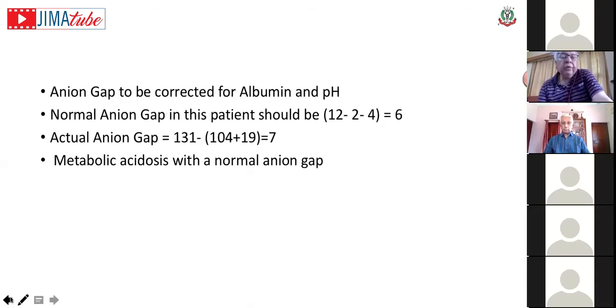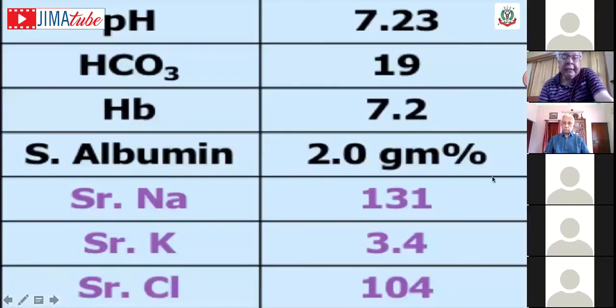Okay, so before we go to this normal anion gap acidosis, there is another way, as I mentioned in my first talk, a much simpler way to analyze this. Just look at sodium and look at chloride. If it is less than 40, this patient has metabolic acidosis.